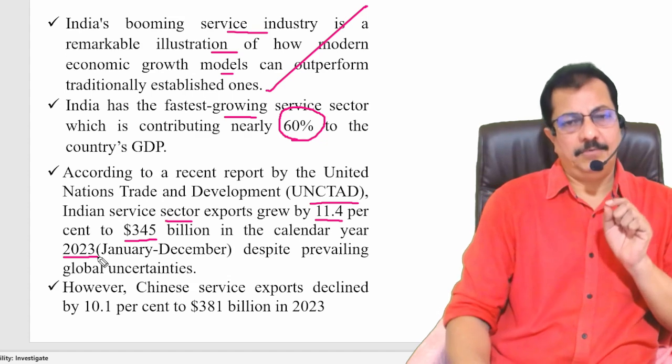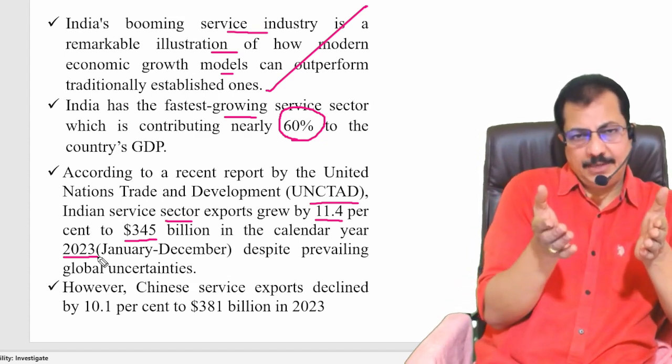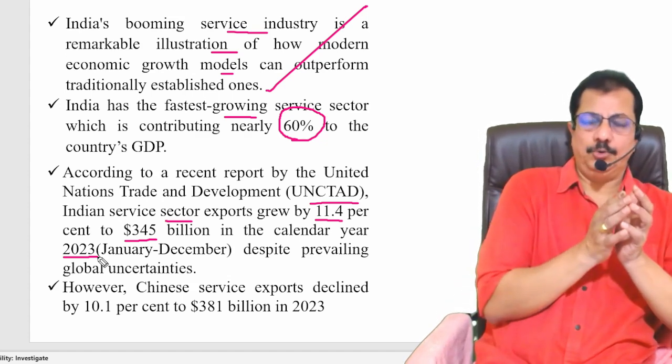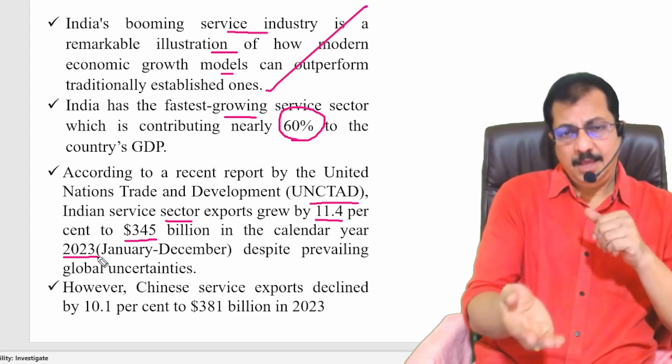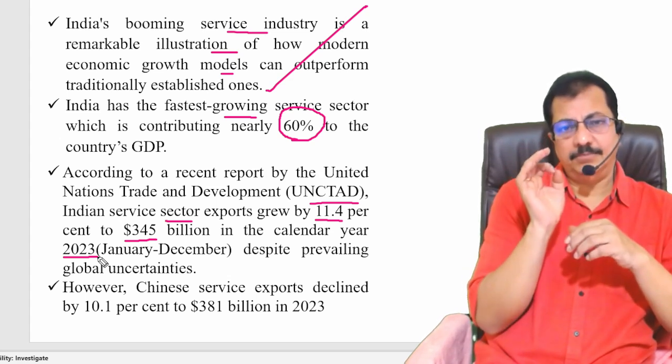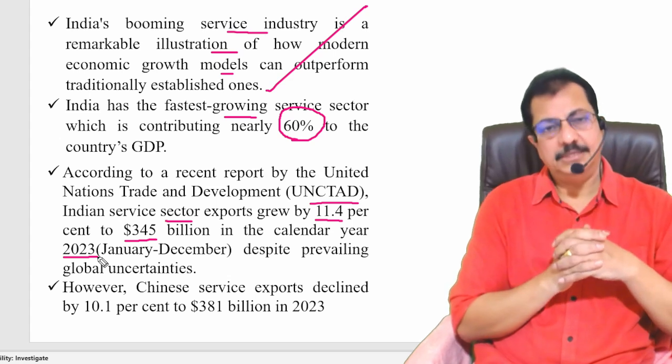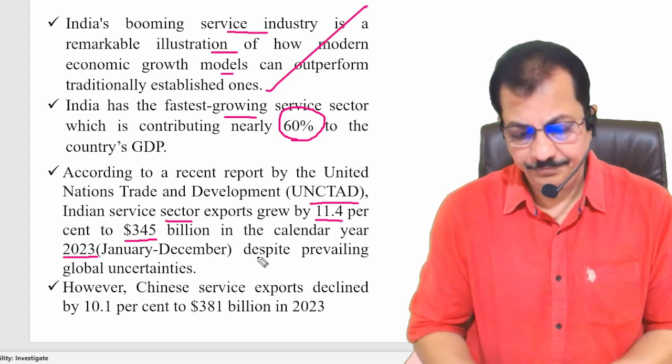Very, very important one. So you know the difference between calendar year and financial year. I told you already. But for your information, I have given here starting from January to December. This is for the year 2023.